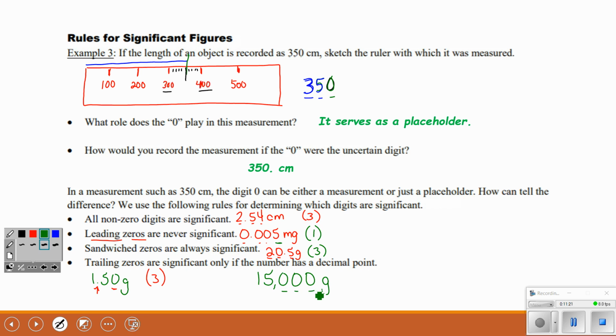They count as placeholders. So looking at what counts, the 1 and the 5 do, and that's it. So this number only has 2 significant figures. Now you can see that this number versus this number, this one is a lot more precise in the measuring. And the one to the right leads to the speculation that rounding occurred there.